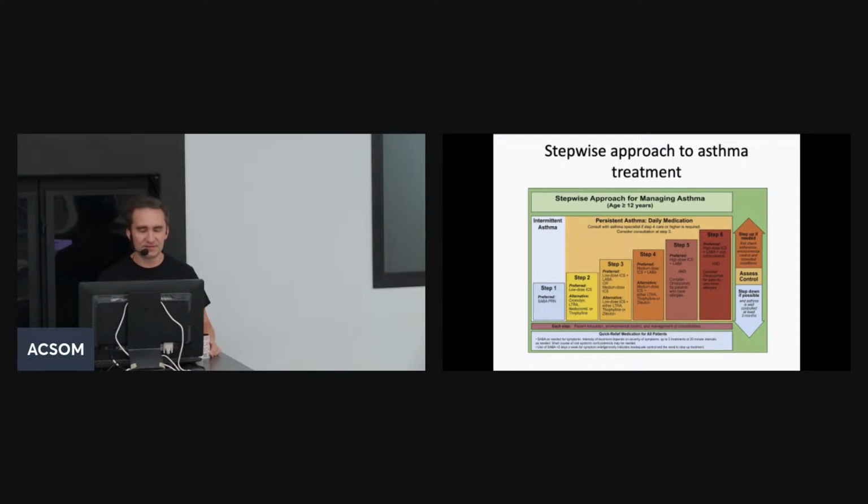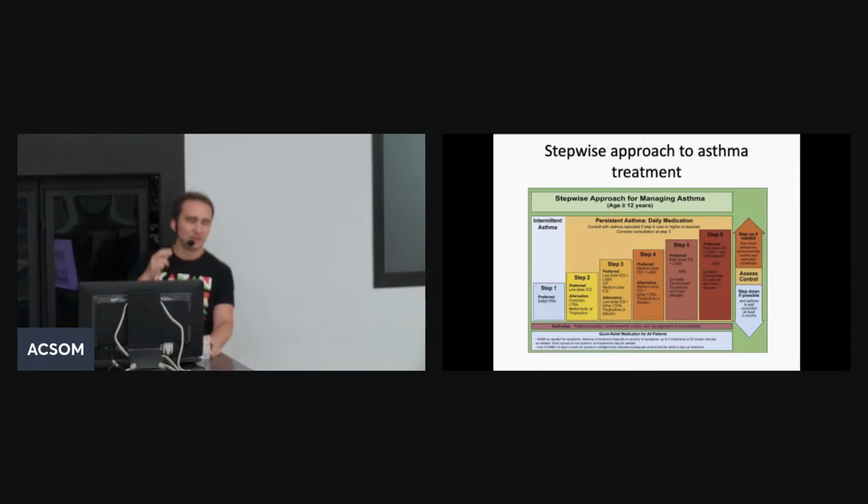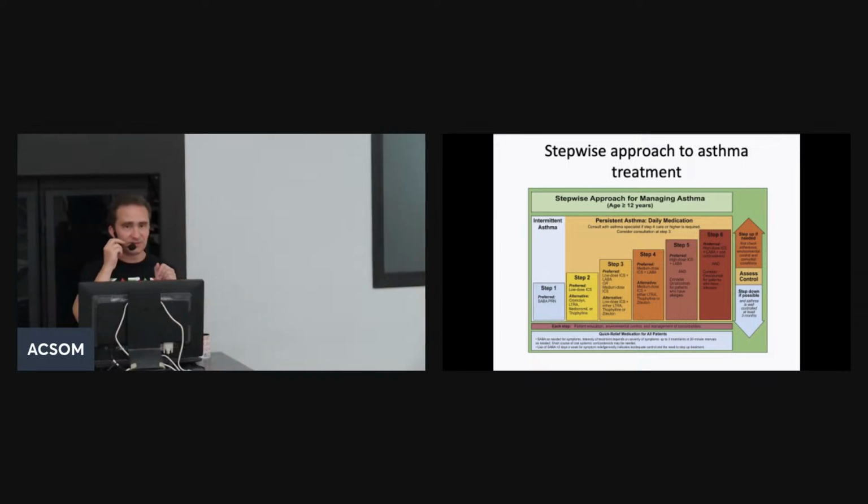And then if it's really difficult to control after you escalate a couple of steps, usually people get referred to the pulmonary specialist so they can have another look, kind of a second opinion, and then maybe start biologics, because most of the time you need pulmonary specialists to approve the biologic through the insurance.